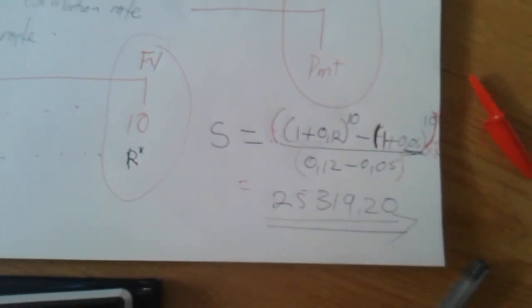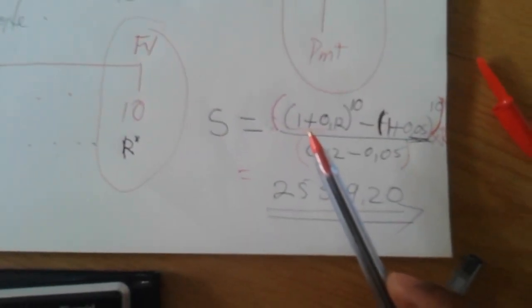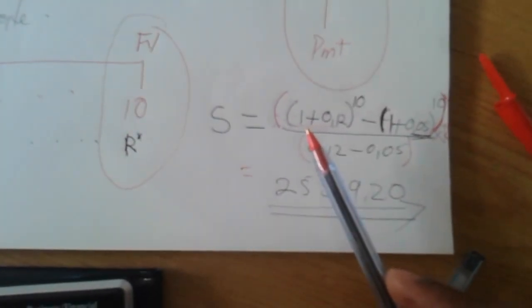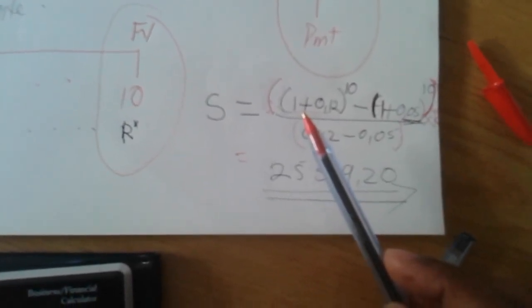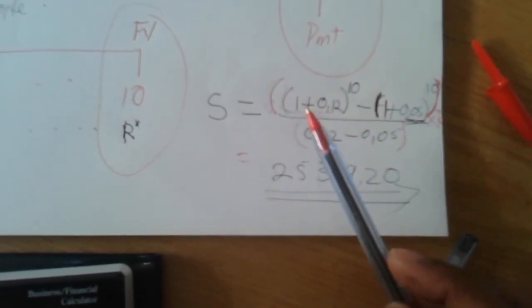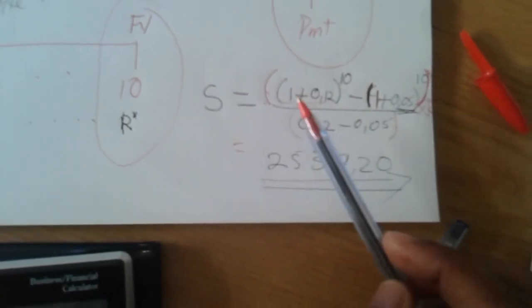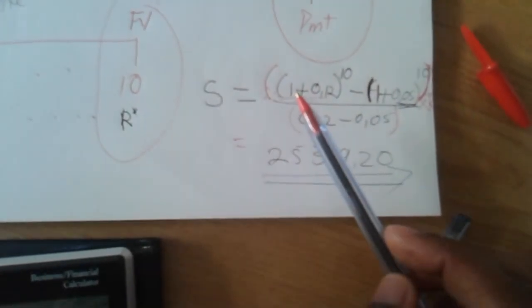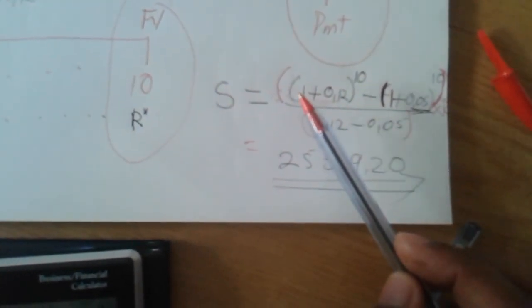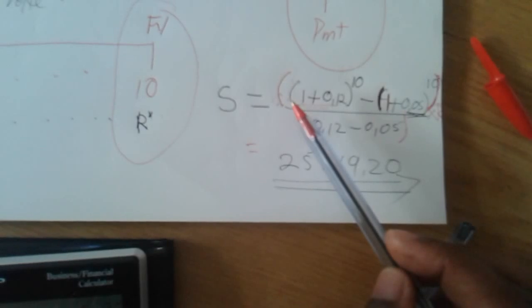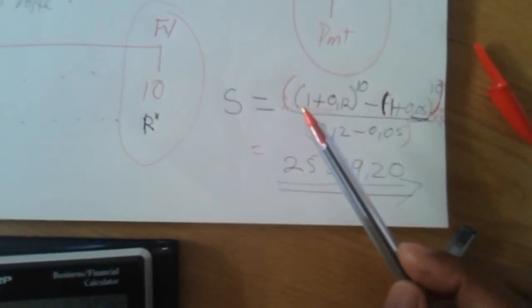Open one bracket. 1.12 to the power of, second function, 10, minus 1.05 to the power of 10, close bracket, divided by, open bracket, 0.12 minus 0.05, close bracket, times 1,200.